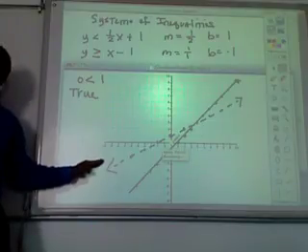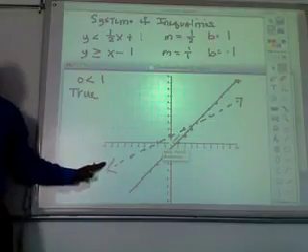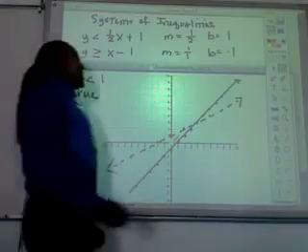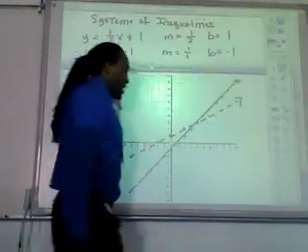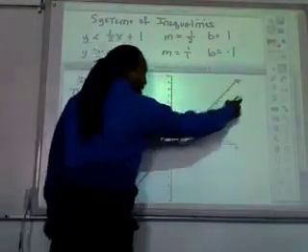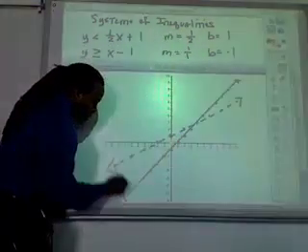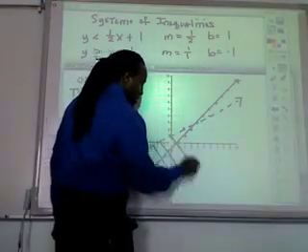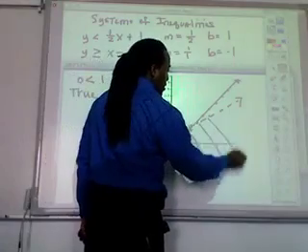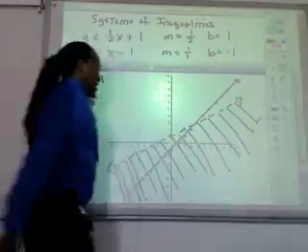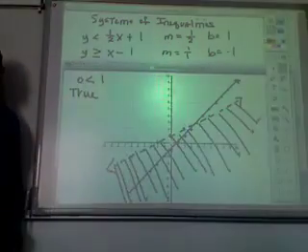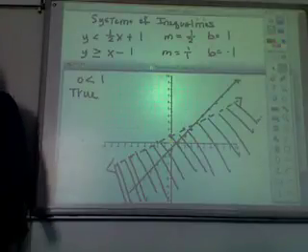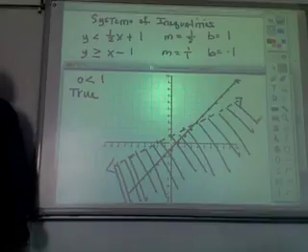It tells me to shade wherever my test point is located. So in this case, I'm going to shade from my dotted line below my dotted line, because this is where my test point is located. Is everybody good on that? As if we had just done one single line.